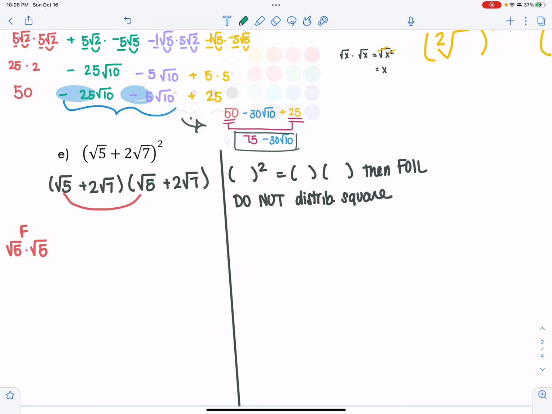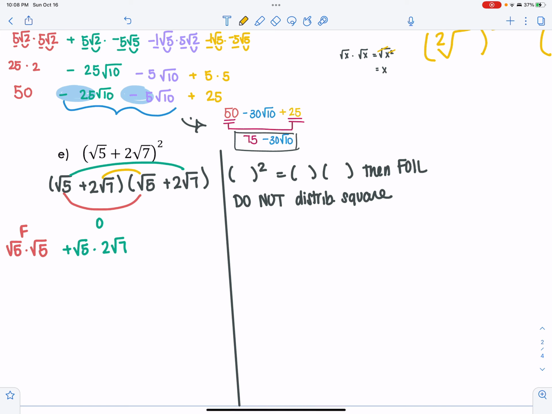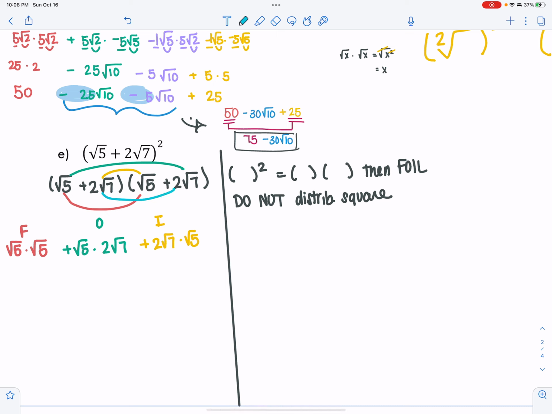Outer, square root 5 times 2 square root 7. Inner, 2 square root 7 times square root 5. And then last, 2 square root 7 times 2 square root 7.